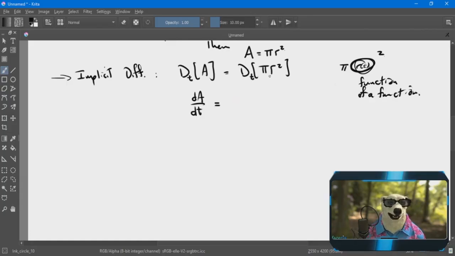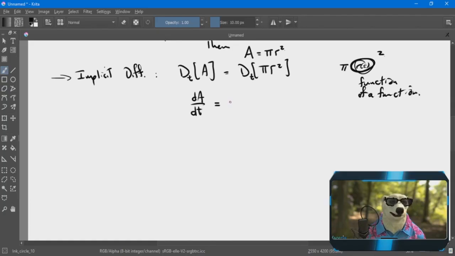So if the letters don't match, we have a more tricky situation, really the only one we need to watch out for, and we have to use the chain rule because I have a function of a function.